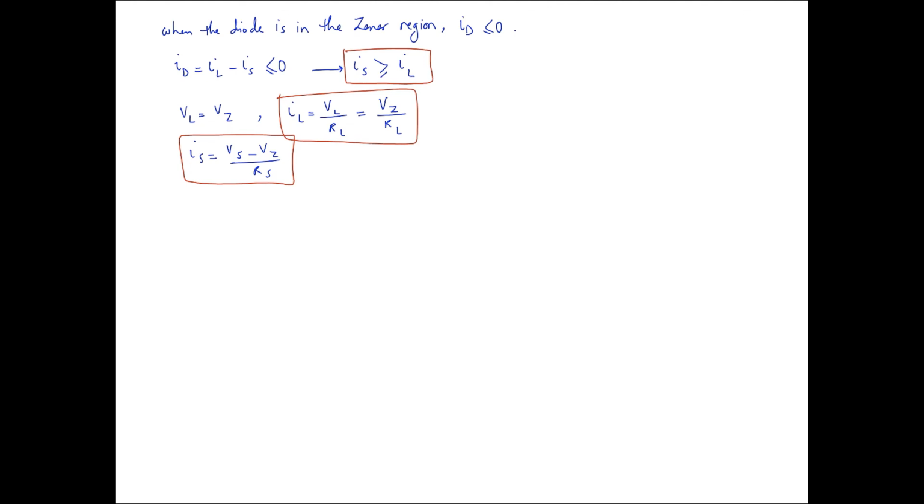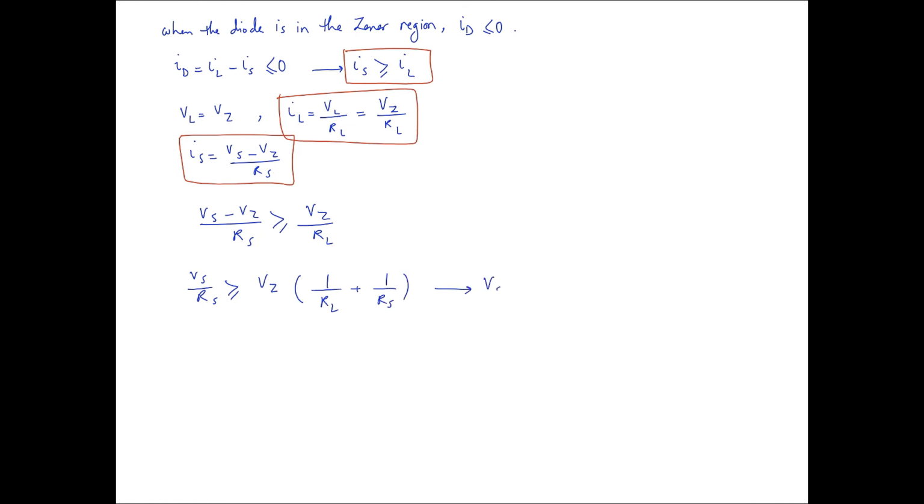I have VS minus VZ over RS must be greater than or equal to VZ over RL. Let's first assume that RL has a constant value and we want to find the range of VS that keeps the diode in the Zener region. From there, VS over RS is going to be greater than or equal to VZ multiplied by 1 over RL plus 1 over RS.